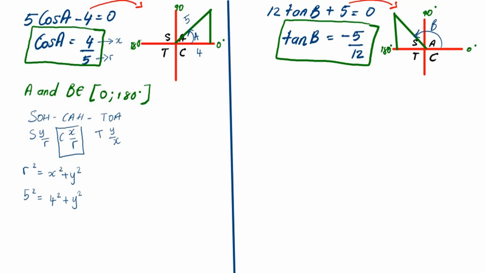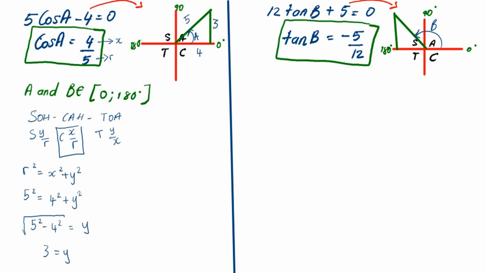Isolating y, you have 5 squared minus 4 squared is equal to y squared. Put that onto your calculator, and the result is 3. So the y there is equal to 3.